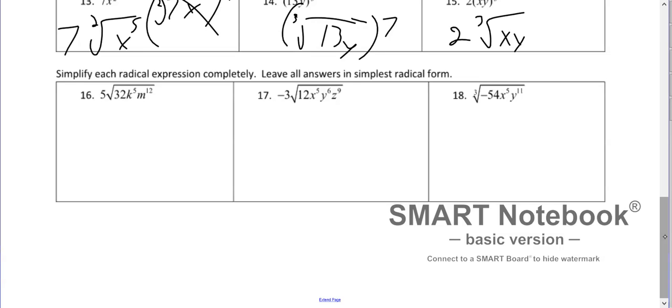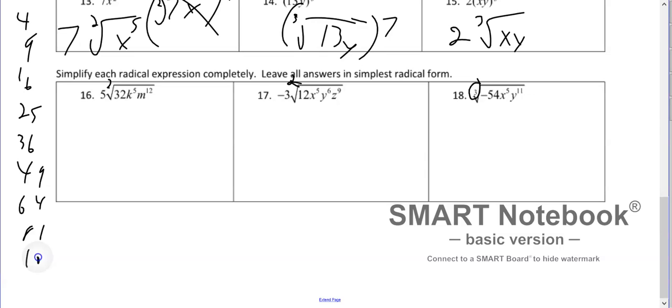Number 16, notice this is a square root. 17 is a square root. 18 is a cube root. So for square roots, remember you're looking for numbers like 4, 9, 16, 25, 36, 49, 64, 81, 100, 121, 144, 169, 196, and so forth, 225.